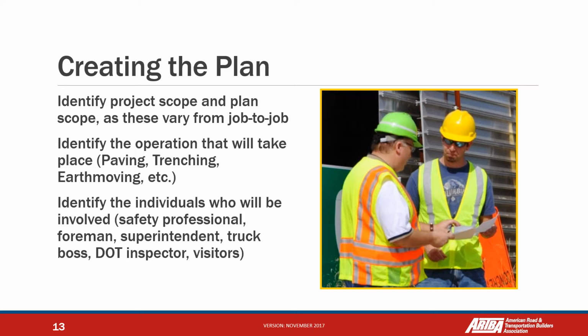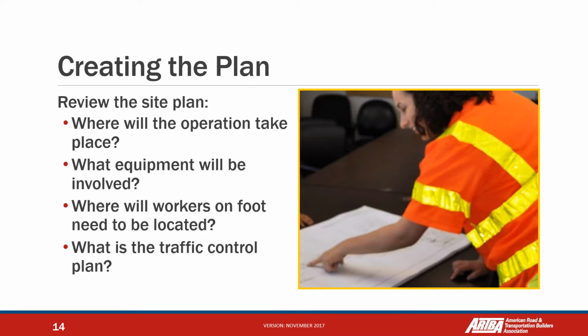Identify the individuals who will be involved: safety professional, foreman, superintendent, truck boss, Department of Transportation inspector, visitors. So review the site plan. Where will the operation take place? What is the exact location? It's important, because sometimes if it is not a new project, we need to use some geo coordinates to help people identify where we are working.